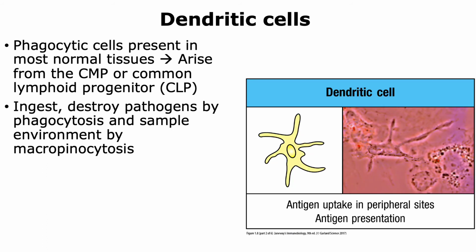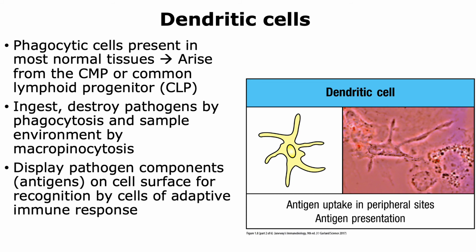Now, dendritic cells are able to ingest and destroy pathogens by phagocytosis, but their main job is to sample the environment, and they tend to do that by macropinocytosis. As they sample the environment and take material through macropinocytosis, or take up pathogens by phagocytosis, they display components of the pathogens, or antigens that are present on the pathogens, on their cell surface.